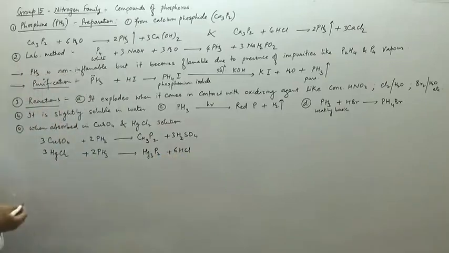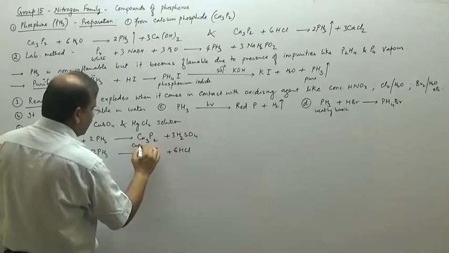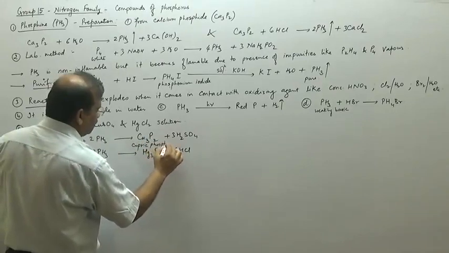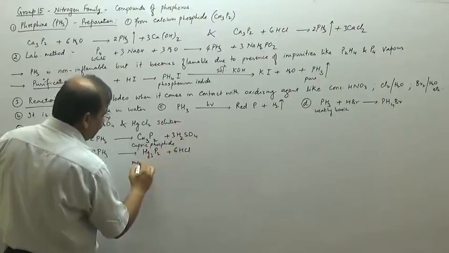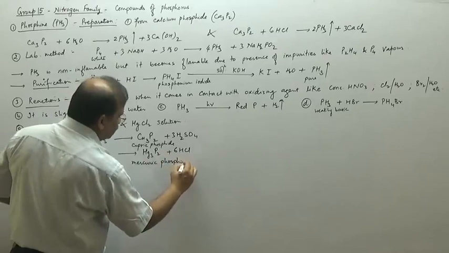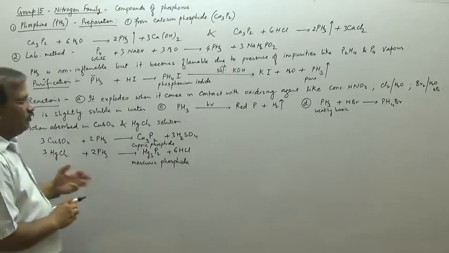This phosphide formed is cupric phosphide, and this is mercuric phosphide. So that is how we can write the reactions of phosphine.